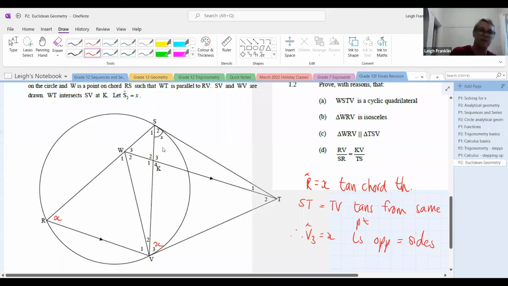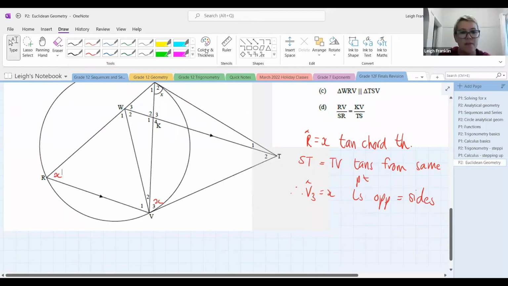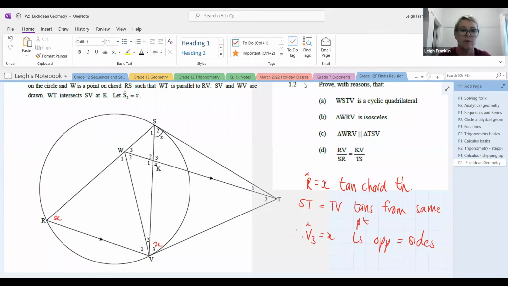Is there something that V3 equals in the diagram? Is there something that W3 equals in the diagram? So now we've got to go from R and V3 to other angles that could be equal. Okay, what do you think? What else does V3 equal, what else does R equal?